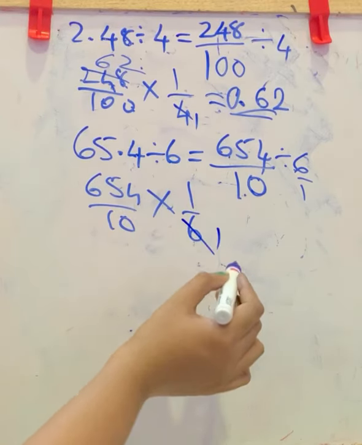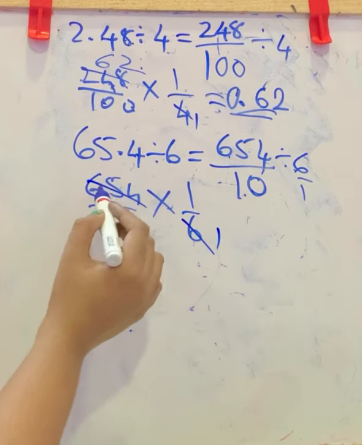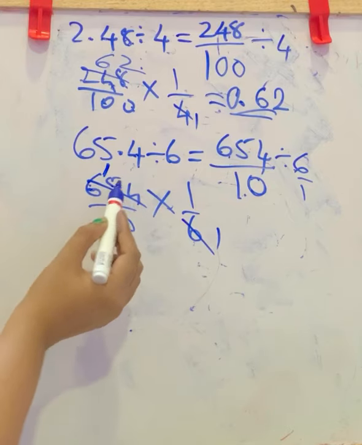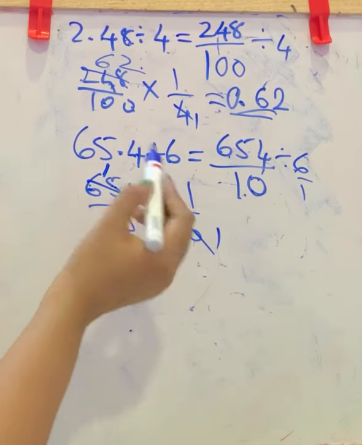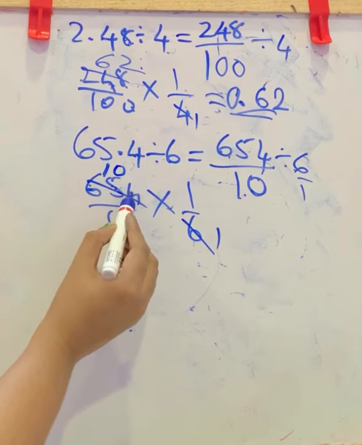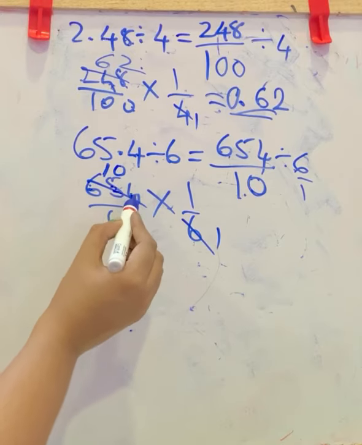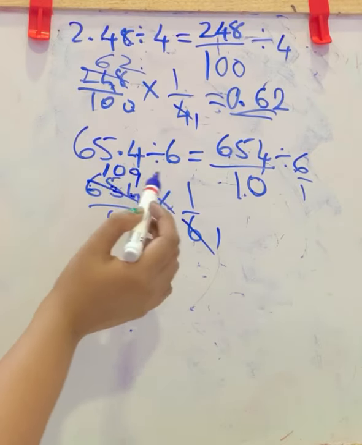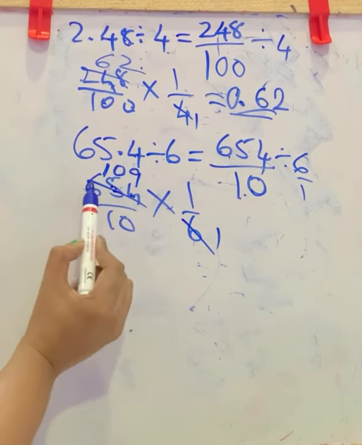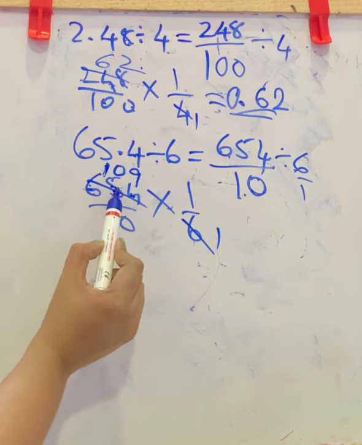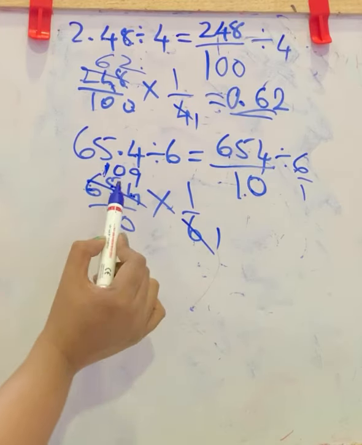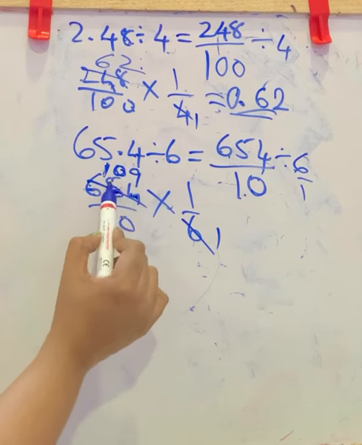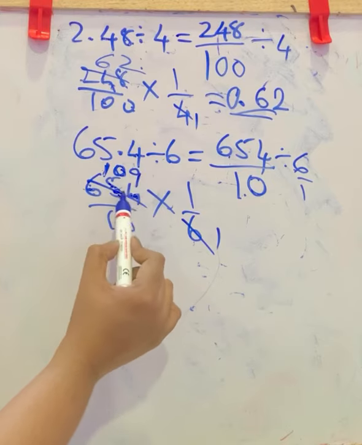We have 6 as the common factor. So 6 ones are 6, and in 654, 6 goes 1 time in 6. In 5, you can't divide it with 6, so put a 0 and take this 54 together. In 54, 9 6s are 54. I'll repeat it once more. Then you can divide by 6, that is 9 6s are 54.